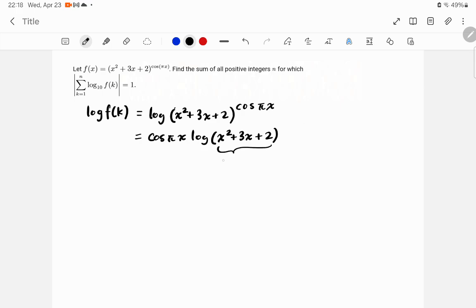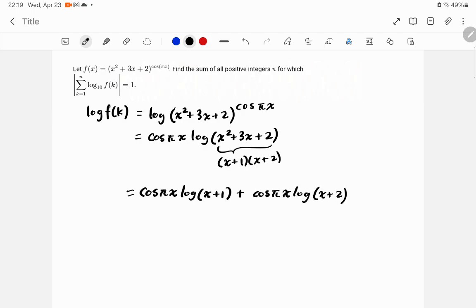And this quadratic factors into x plus 1 and x plus 2. So therefore, I can split this product into a sum. So in fact, the logarithm becomes this following expression. If I then distribute the cosine pi x, now we have this to work with.